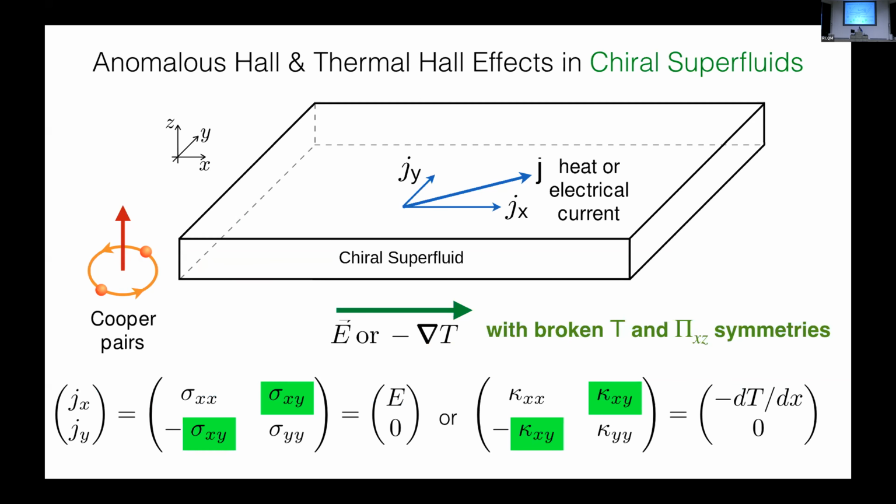So I reverse the chiral axis that I've shown here in red from L to minus L. So the Hall conductivity sigma xy and kappa xy are allowed by chiral symmetry. And the anomalous Hall effect, of course, occurs in zero field. It's the internal motion of the Cooper pairs that's responsible for the transverse force and the transverse currents that arise. So I want to explain that as best I can in this short talk.